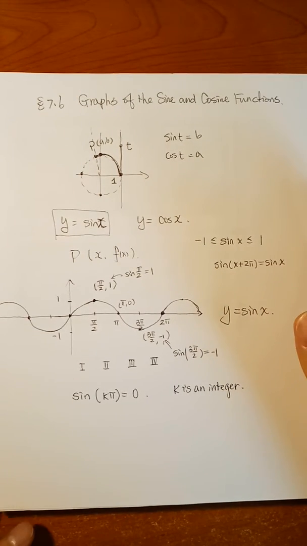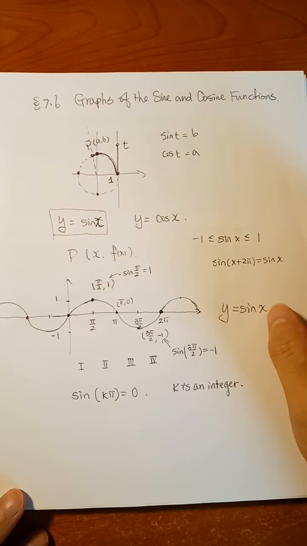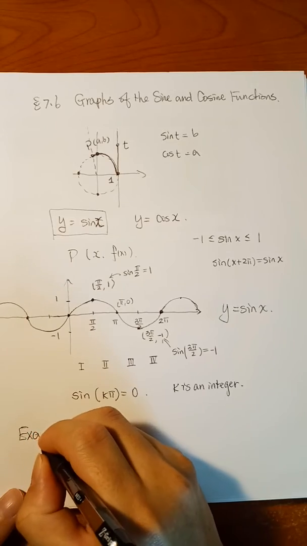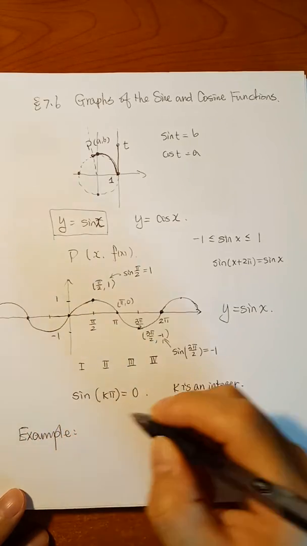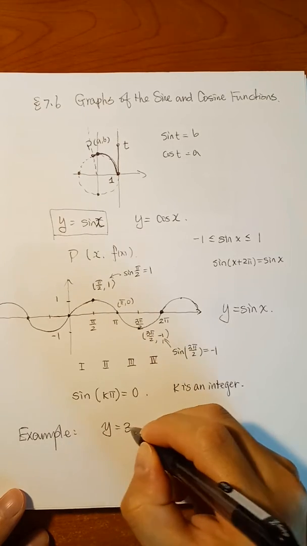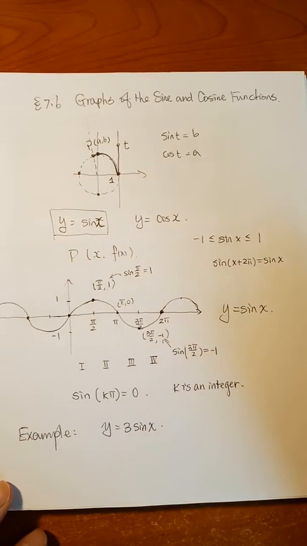And sometimes we have some numbers associated with y equal to sine of x. So for example, we have the function y equal to 3 times sine of x. It has a coefficient of 3.